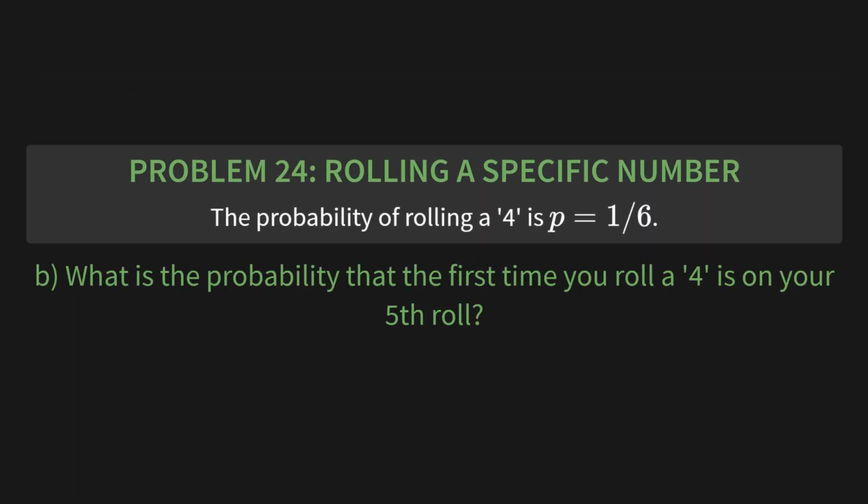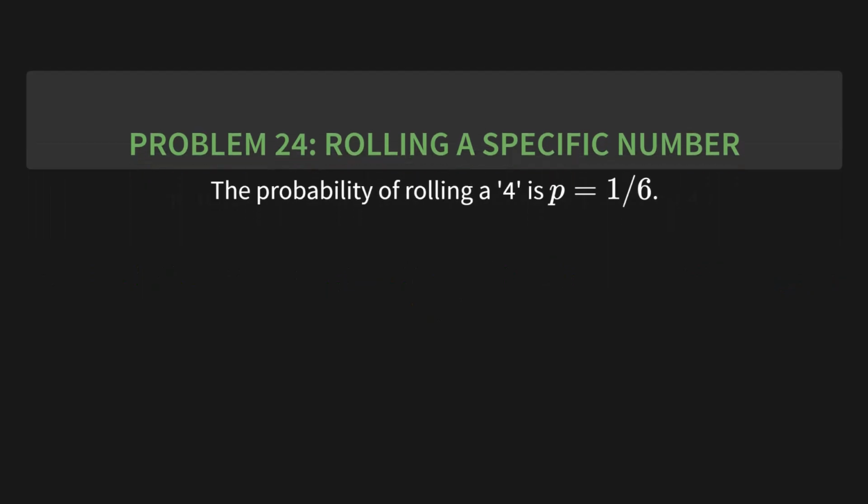Let's apply this. For part B, the probability of rolling a 4 is p equals 1/6. What is the probability that the first time you roll a 4 is on your 5th roll? Okay, let's think this through. This requires 4 failures, that is, not a 4, followed by 1 success, which is a 4.